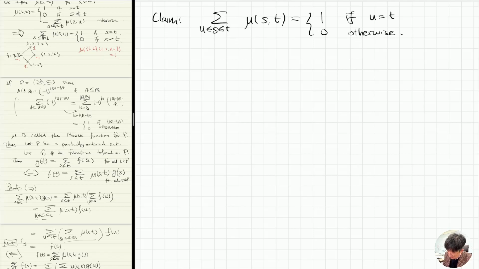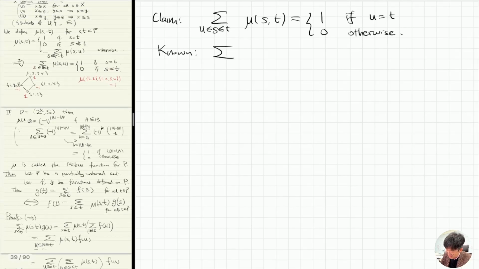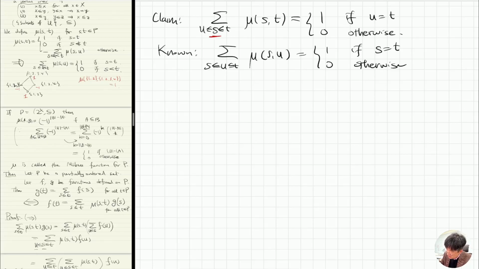This is what we used in the proof. However, what we know from the definition is something different: the sum over S between u and T of mu S T is 1 or 0 depending on whether S is equal to T. The difference is which variable is running. I was confused about this.